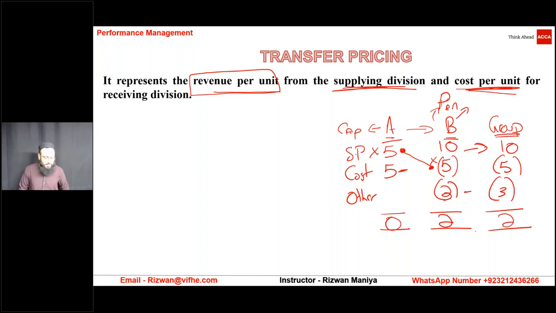Very quickly, try to understand what I'm telling you here. The group is earning a profit of 2. Now the group asks A, how much profit did you earn? A said 0. B, how much did you earn? B said 2. So the group was of the opinion that because B earned 2, the group got 2.